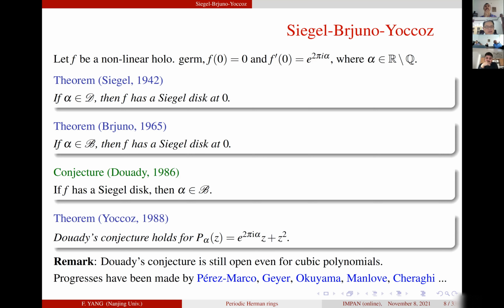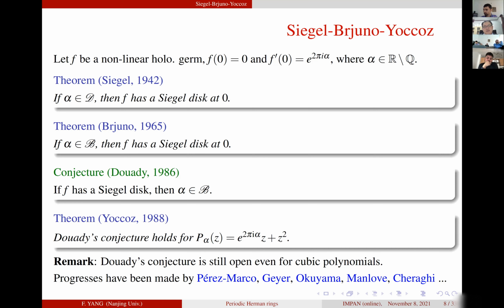I think his proof depends essentially on the fact that a quadratic polynomial has only one critical point. And this conjecture is still open even for cubic polynomials today.